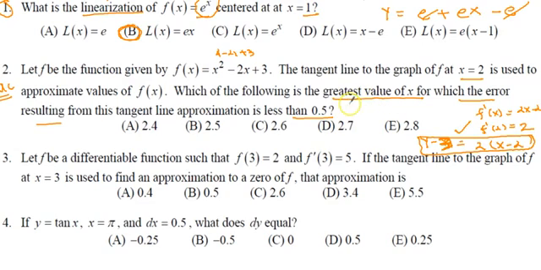Now this says, for what values of x is the resulting error going to be the smallest? For this part, you have to put in one at a time in a calculator. This is what I did in the calculator. I put y1 equal to my original function, x squared minus 2x plus 3, and y2 equal to this line, 3 plus 2x minus 2.